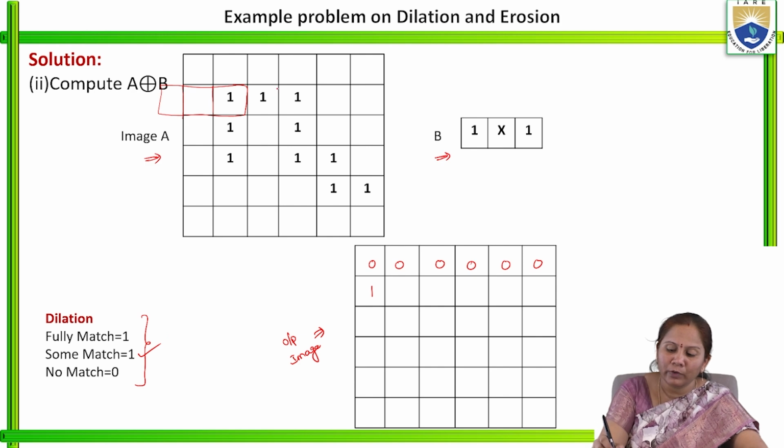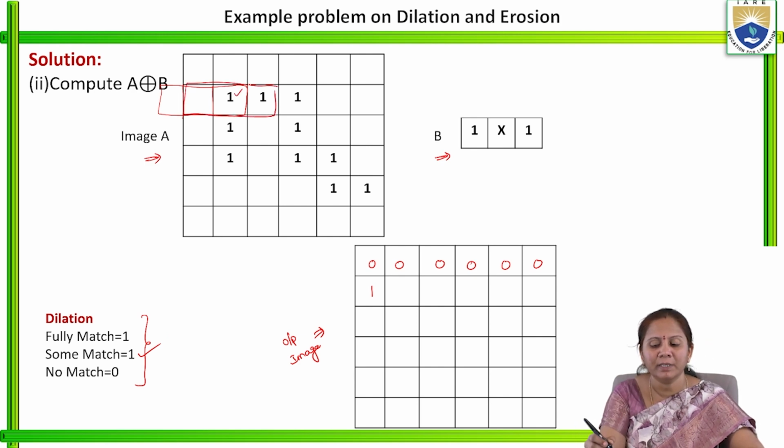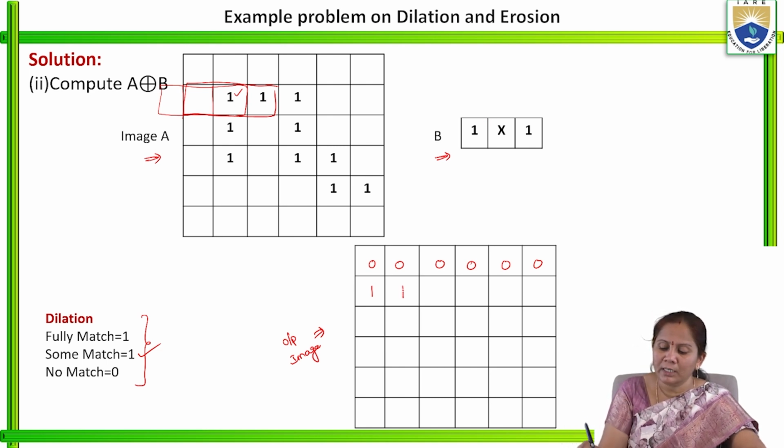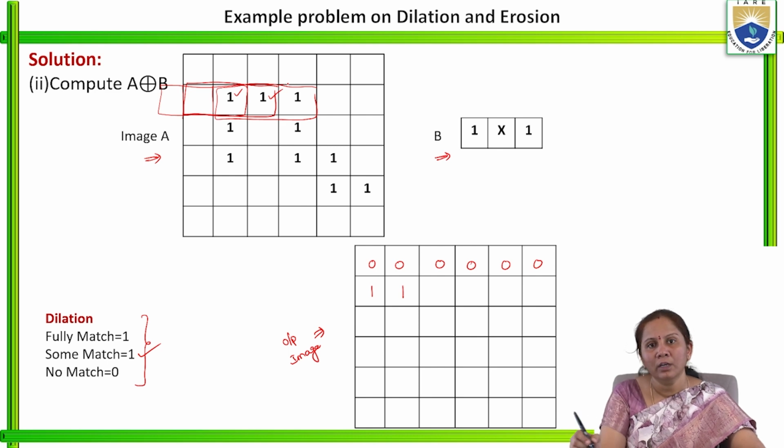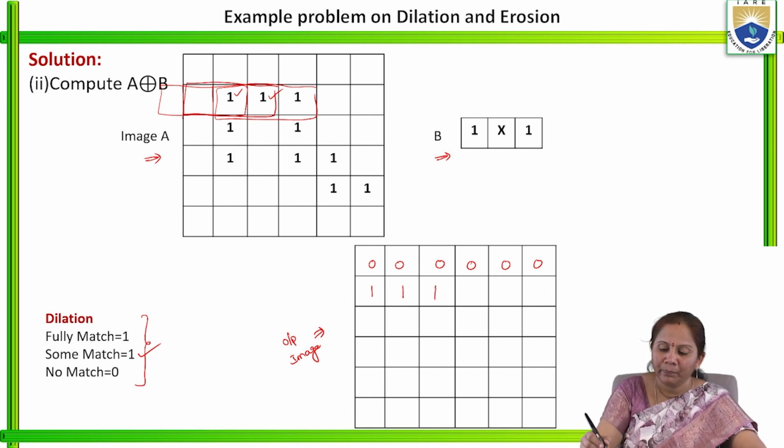Similarly, if you shift the structuring element, this one will become the center pixel. There is some match with the structuring element B, so this element also will become 1. Again, if we shift the structuring element, this will become the center pixel. There is fully matched, so this element also will become 1.